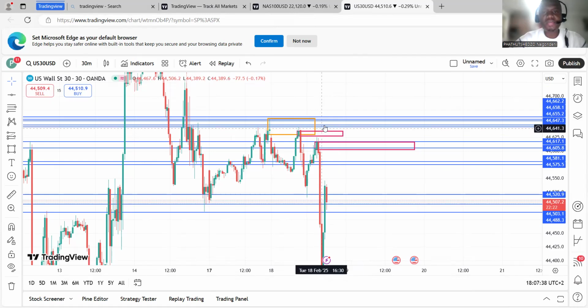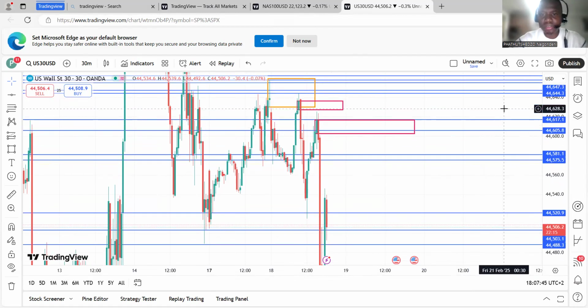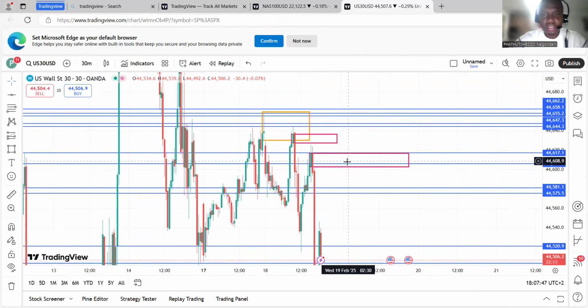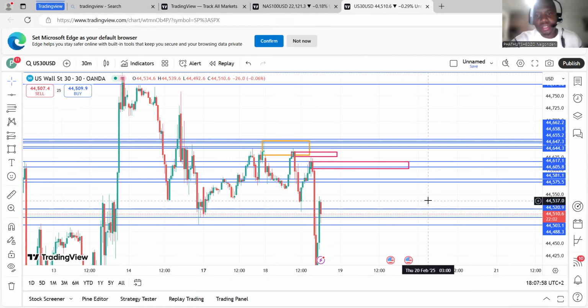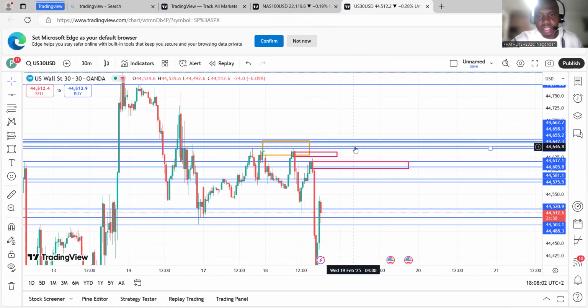You see if USDT passes on this price, guys, I'm telling you, if they violate this, violate that, and pass this price right here, we are gone with the buy. So anything here, if they give me some buys, I'm gonna take them, but I'm gonna be looking for those sells as well. It will depend on how the market behaves when they get to these places.